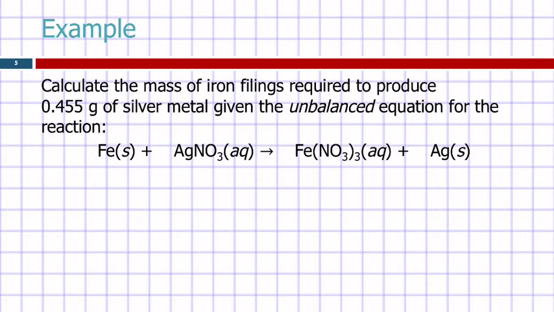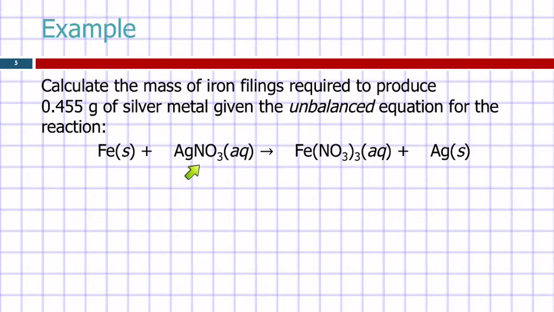What do we need to do to balance this? If we just start looking at it, we've got one iron here and one iron there and one silver, and we're like, well, what's the problem?